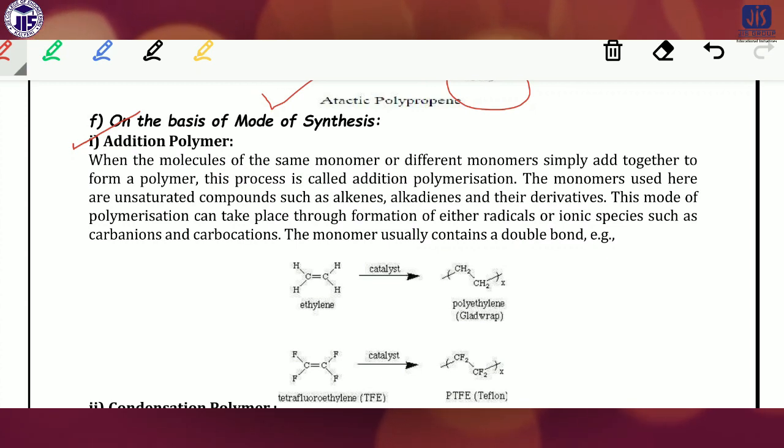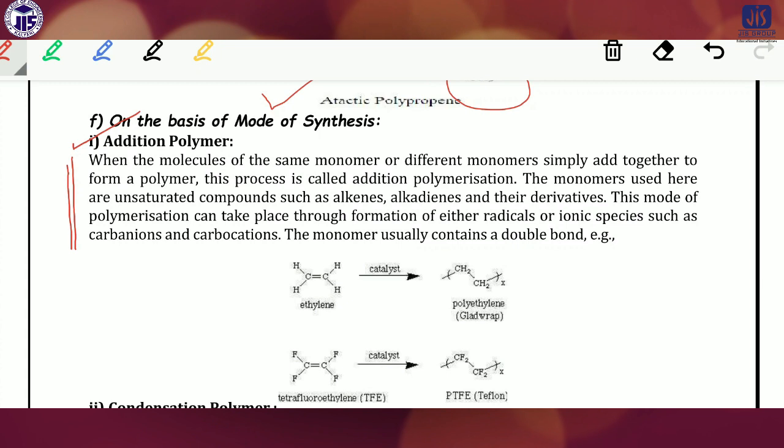If you think about the addition polymer, then look here: when molecules of the same monomer or different monomers simply add together to form a polymer, this process is called addition polymerization. The monomers used here are unsaturated compounds such as alkenes, alkynes and their derivatives.